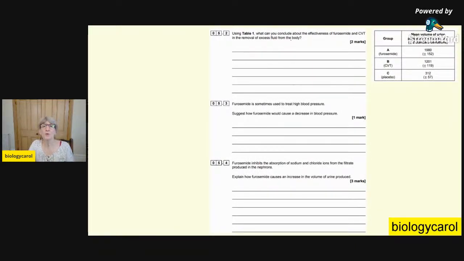Right, using table 1, what can you conclude about the effectiveness of furosemide and CVT? Okay, right. Here's my advice to you. This is about reading the question. As soon as I read this question and noticed that they'd put in standard deviations, I absolutely knew that I was going to use that in an answer somewhere. It was going to be about standard deviations, either overlapping or not overlapping.